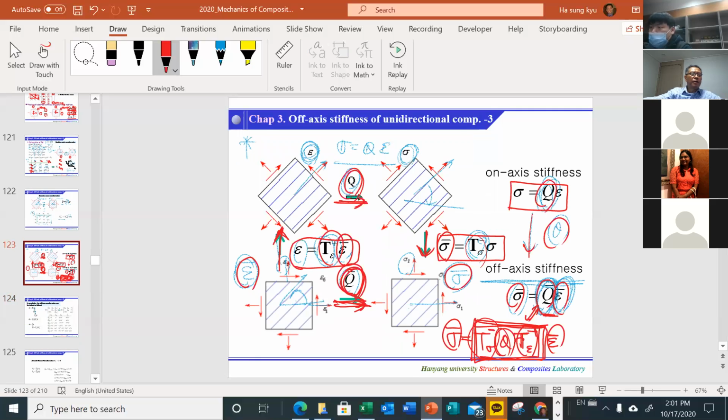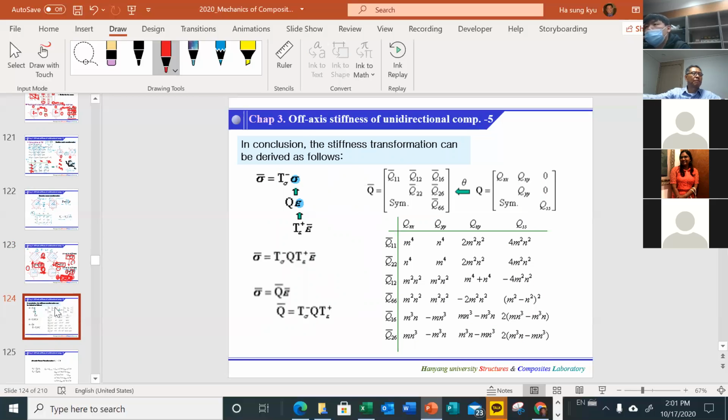And here, using these terms, that's exactly what we just tried. Sigma bar is given by the sigma, and now sigma is given as the on axis stiffness, and this on axis strain is given in terms of epsilon bar.